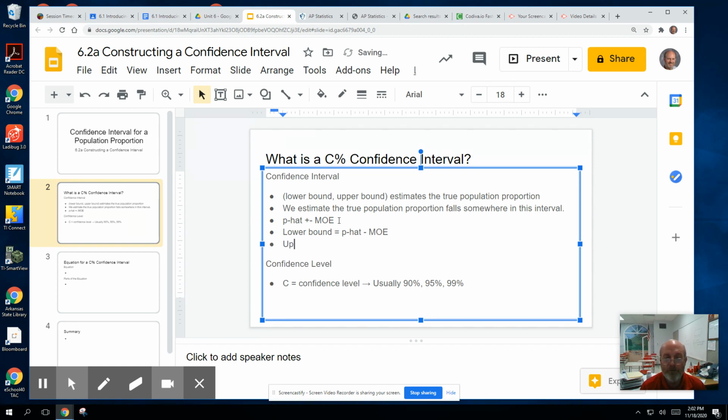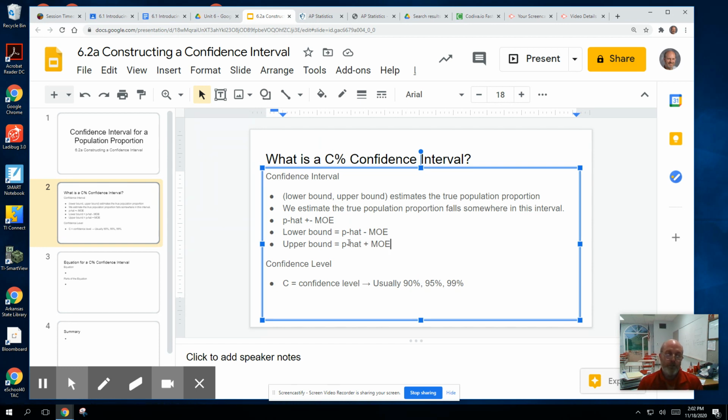And the upper bound is going to equal p hat plus the margin of error. When we get onto the equation in a few moments, we're going to talk about how to construct that. Now the confidence level, like we said, usually 90%, 95%, 99%.